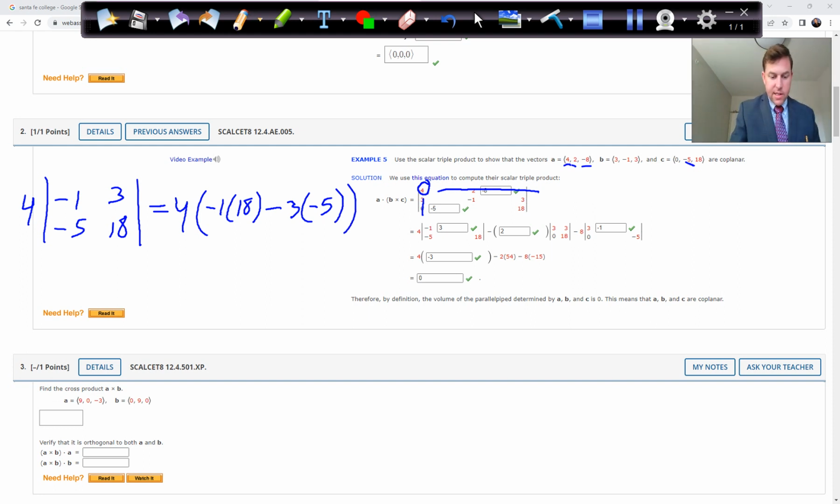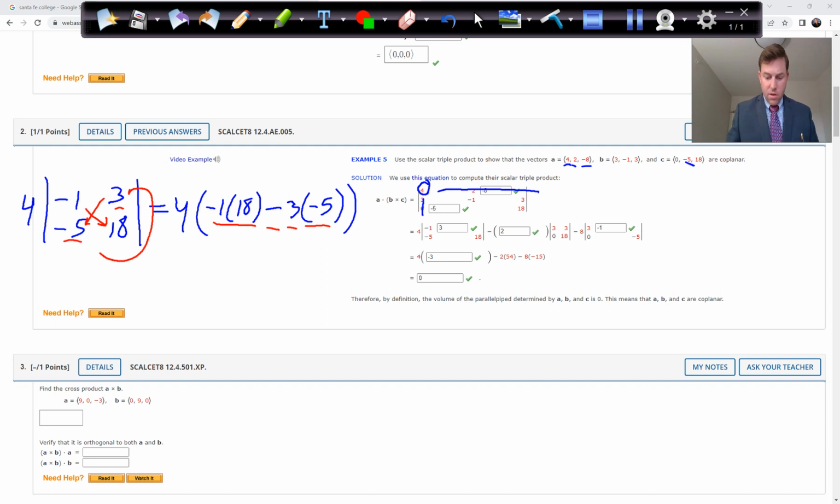So that's, again, that's that determinant, the 2 by 2. So you take minus 1 times 18, that's right here. Then you do minus, which is this way, so that's this minus sign here, 3 times 5. So this minus sign came from the order of the determinant, and then this 3 came from this 3, and this minus 5 came from that minus 5.